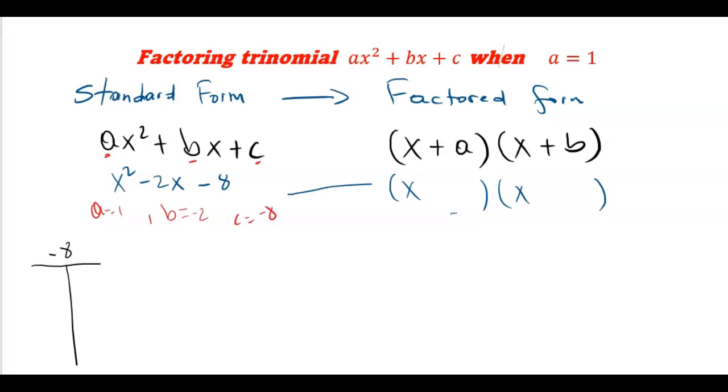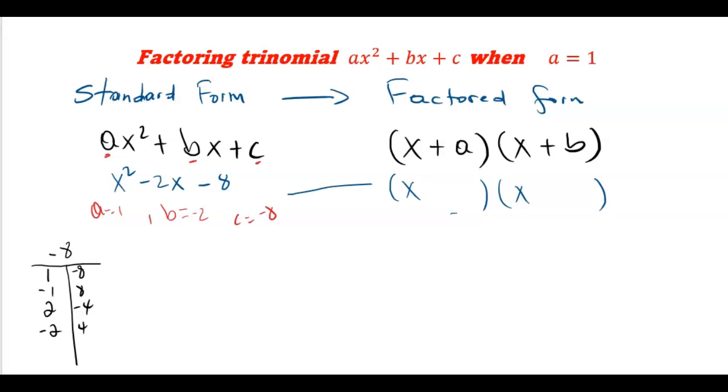So we know 1 times -8 is -8, or you can say -1 times 8. We also know 2 times -4, or -2 times 4. So I think that's all for 8. I don't think there are any more factors. So that's it. Now, on that table, which one adds up to -2?